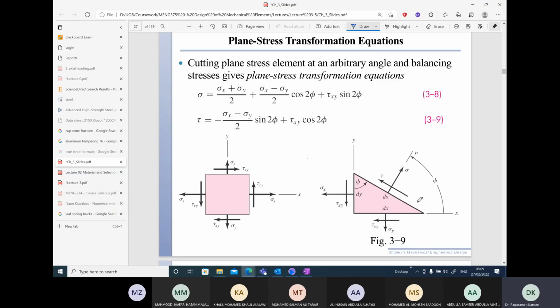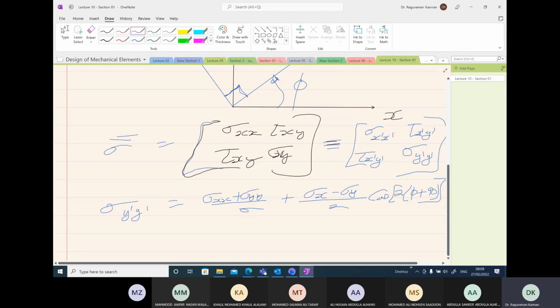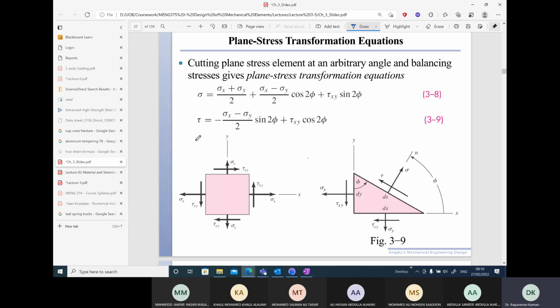Then we have a term tau xy, so we need to add that as well: sine 2 times phi plus 90. Okay, so this will be the sigma y prime, sigma x prime, and tau x prime y prime. For tau x prime y prime, we need not change anything. Phi will stay as phi, and this is the equation.